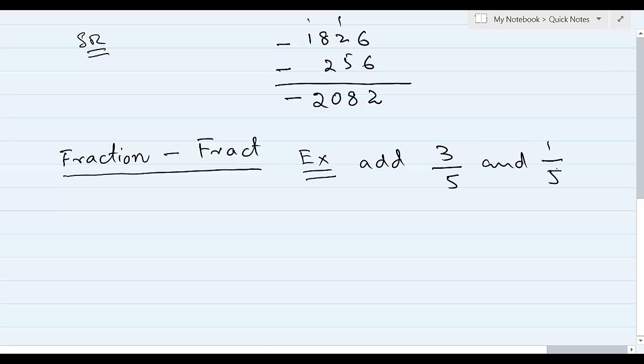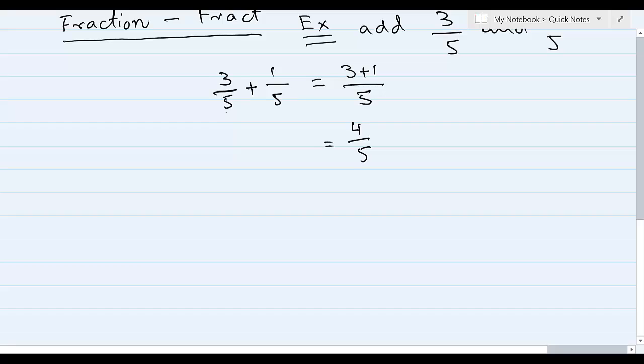This is really easy to add because both of the fractions have the same denominator. If both denominators are the same, then we only add the numerators. So 3 by 5 plus 1 over 5, it's simple because the denominator is 5 on both sides. Therefore, we are going to add only the numerators, which would be 3 plus 1, and we'll have the same denominator, which is 5. So the answer would be equal to 4 over 5.